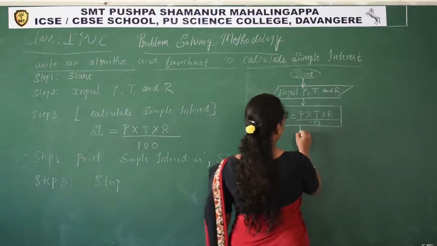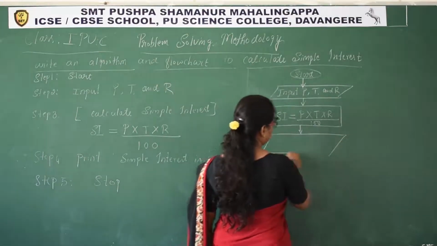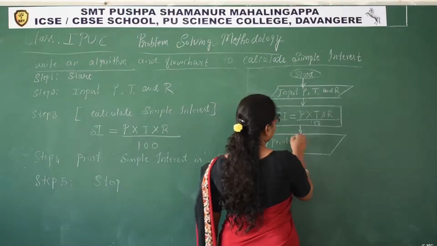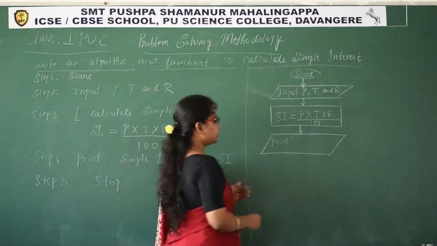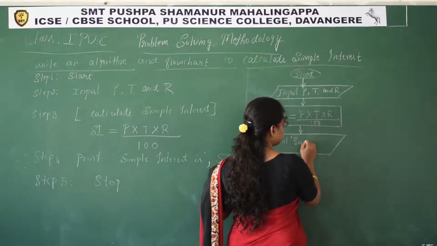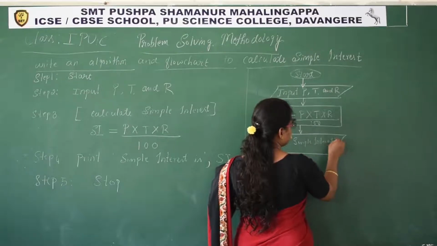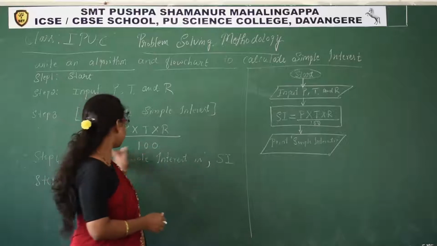Now we have to display the result. Print. In what way should I print the statement simple interest is? The string should be in single quotes: 'simple interest is'. That simple interest is identified by which identifier?